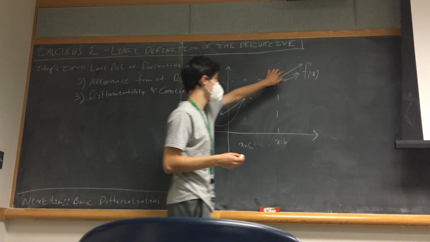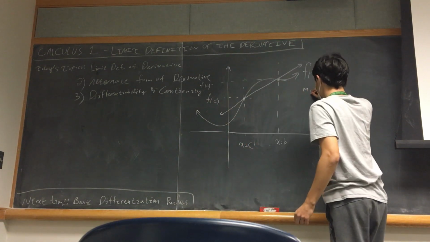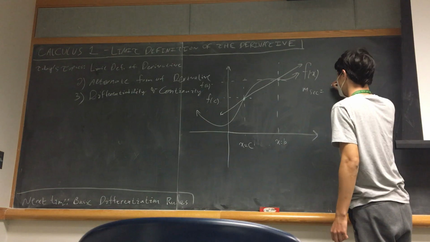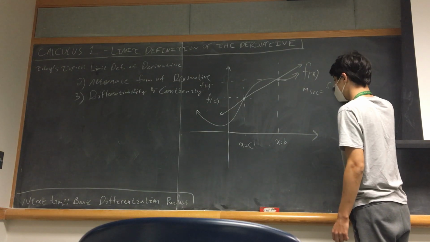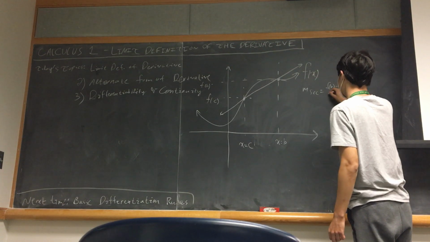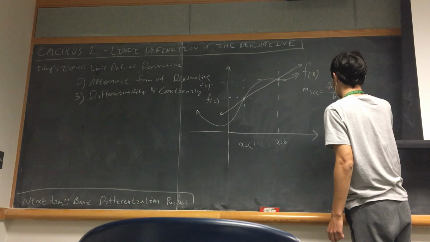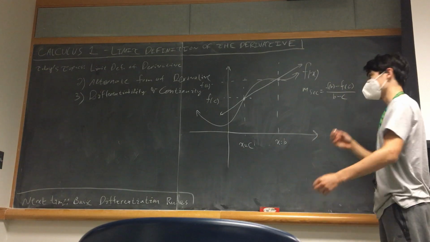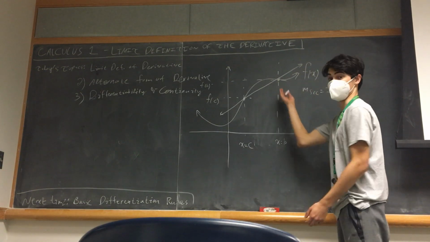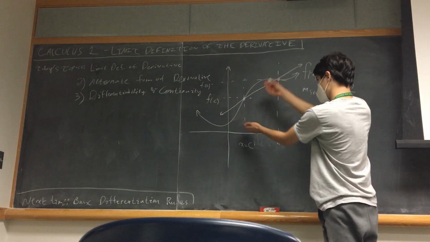So we know the slope of this line, the m secant, is equal to f of b minus f of c all over b minus c. But this isn't a very good approximation.